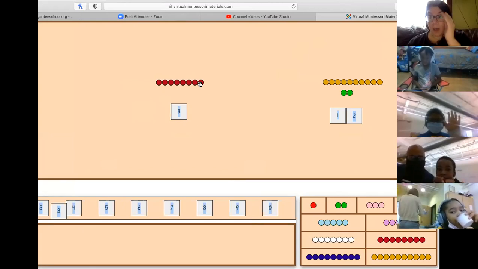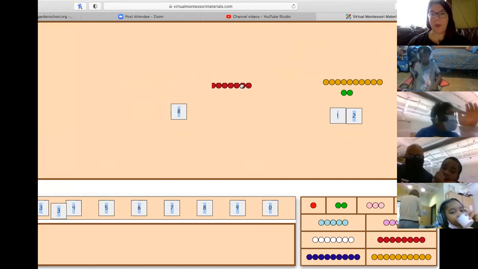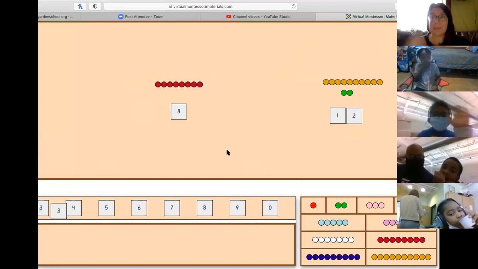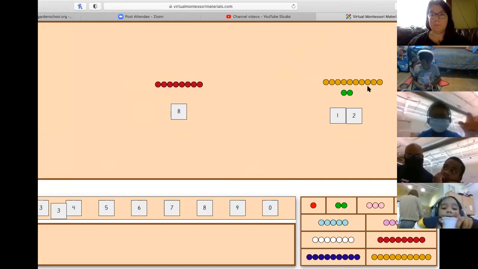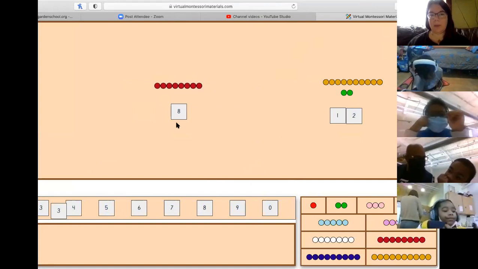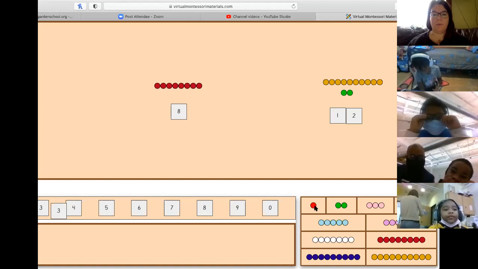So there's a couple ways we can figure this out. We can count up until we get to 12, or we could turn our addition problem, 8 plus a number equals 12, into a subtraction problem. All right? But first, let's count up and see how many it will take to get to 12.